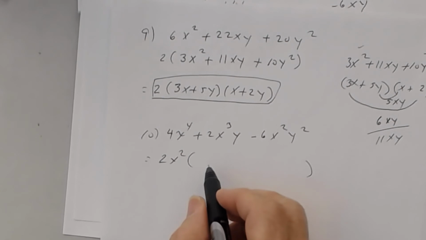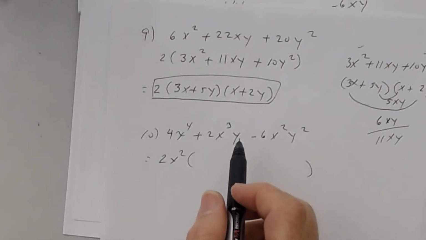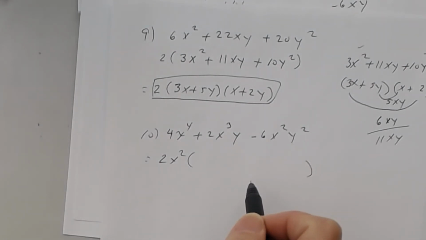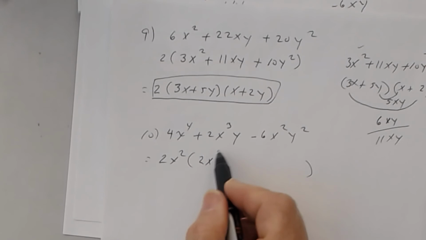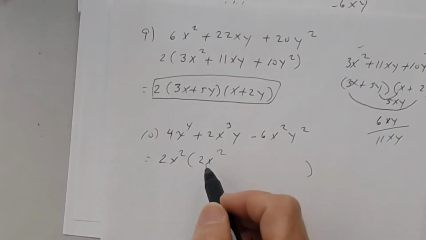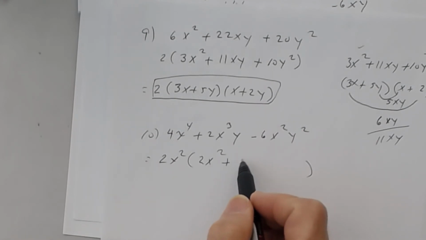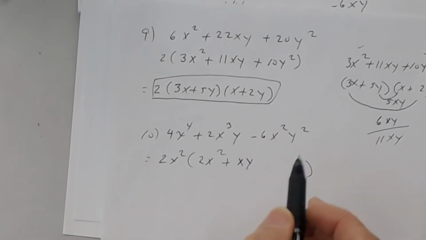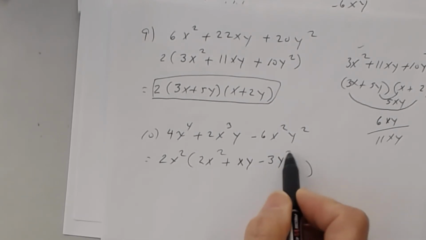What's going to be inside the parentheses? Now remember, how many terms are in the original problem? 3. How many terms better be inside the parentheses? 3. What is it? 2x squared. Good, because 2x squared times 2x squared is 4x to the fourth plus xy. Okay, good. 3y squared.